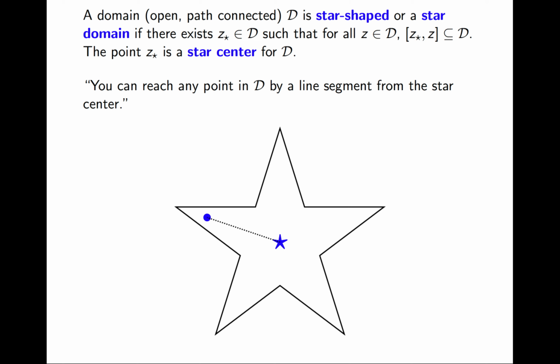There's a line segment between the star center and that point. Another point, another line segment, and so on. So you can always go from that center point, that star center, to any other point within our star domain by a line segment.